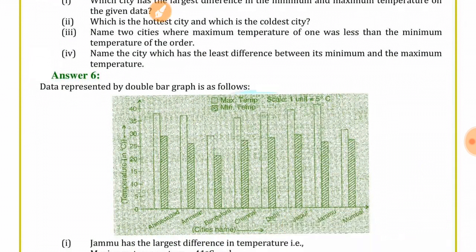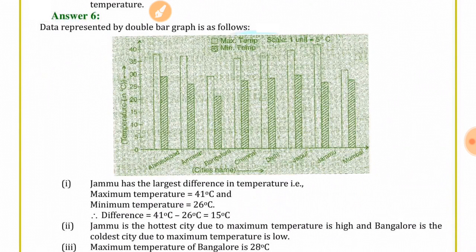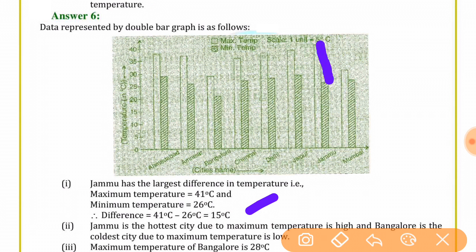So Jammu has the largest difference in temperature, maximum temperature 41 degrees, minimum temperature 26 degrees. The difference is 15 degrees Celsius. Or you can check by all the numbers. You can see a very large difference between the maximum and minimum compared to all the others, isn't it? By the graph also you can find it.